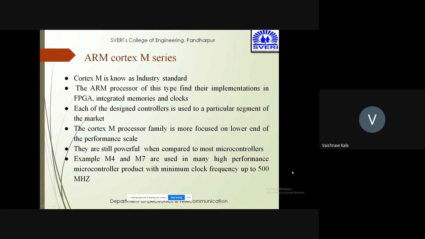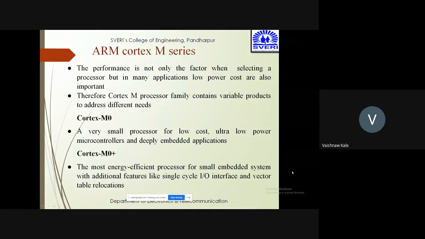They are still powerful when compared to most microcontrollers. M4 and M7 are used in many high performance microcontroller products with clock frequency up to 500 megahertz. Performance is not the only factor when selecting this processor, low power cost is also very important. The family contains variable products for different needs.